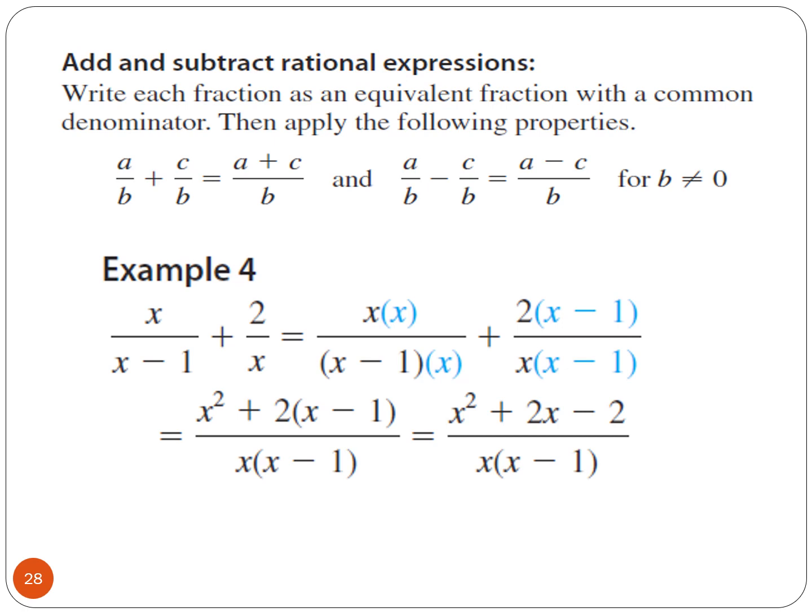Suppose I want to add x divided by x minus 1 plus 2 over x. Of course, these do not have the same denominator. What you want to do is take the first rational expression, or the first fraction, and multiply both the top and bottom by the denominator of the second fraction. That is, take x over x minus 1 and multiply both the top and bottom by x.